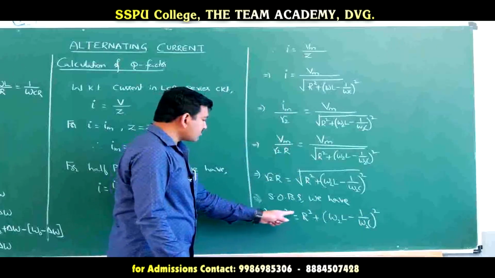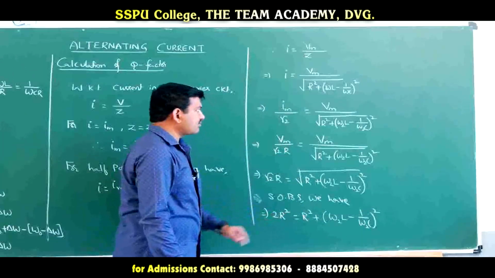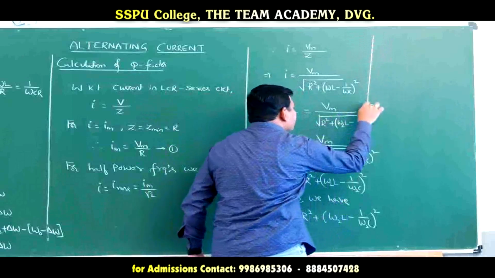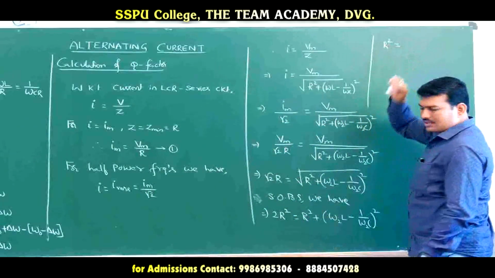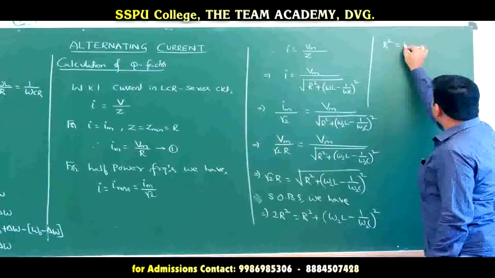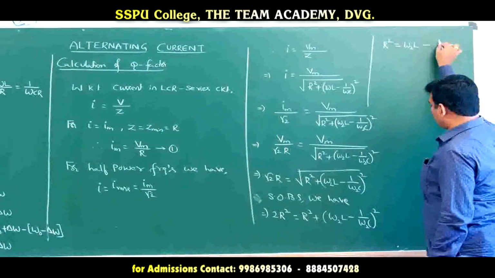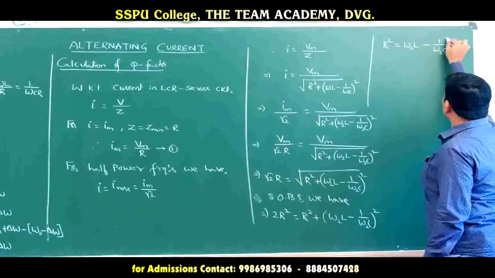Now 2R square minus R square is nothing but R square. Then we are left with what? We are left with R square is equal to omega 2L minus 1 by omega 2C whole square.